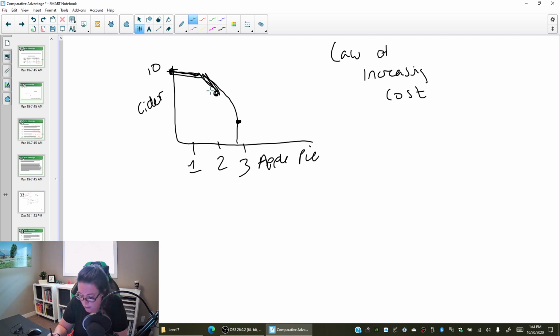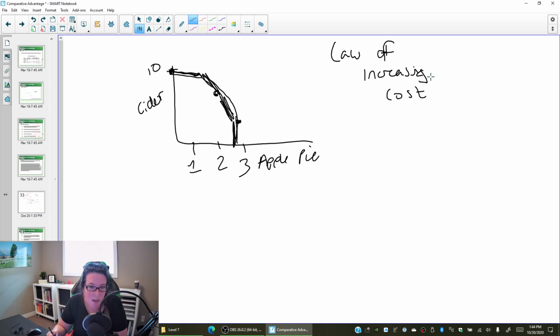But as we start to make the next apple pie, we are now having to give up a lot more cider to make the next pie. So the sacrifice we're making is changing because we have a finite amount of resources. This is the law of increasing cost.